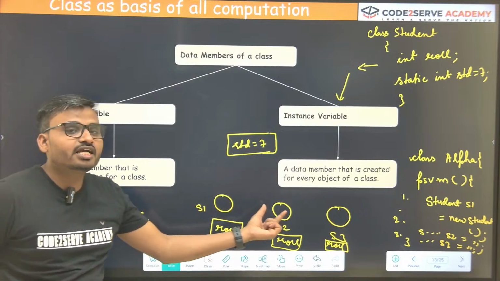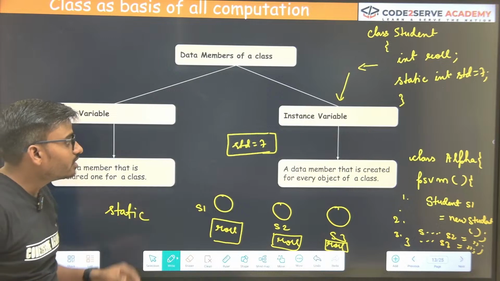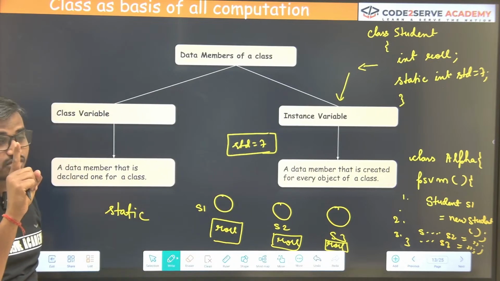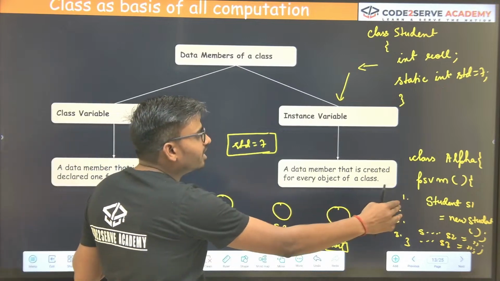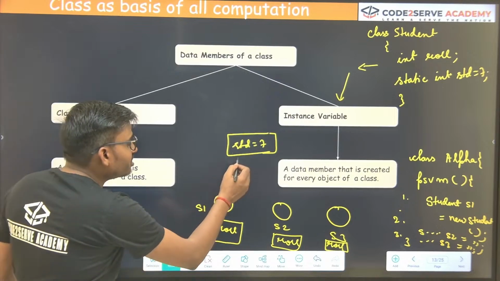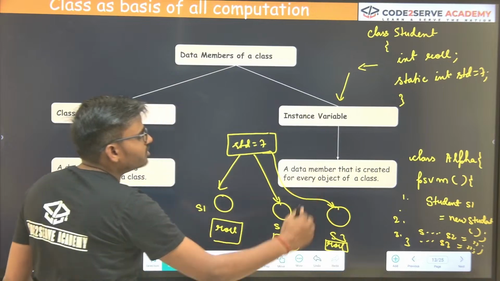You created three different objects, but this std variable will be created only once. Even though you create 10 objects, this will still be created only once. That means this value will be shared with this object, and this value will be shared with this object.